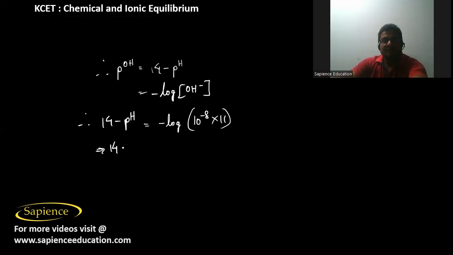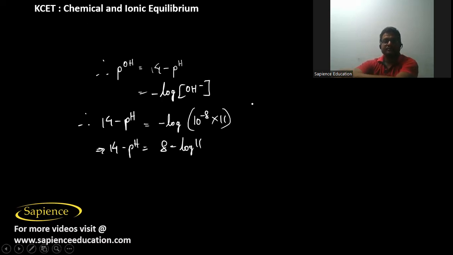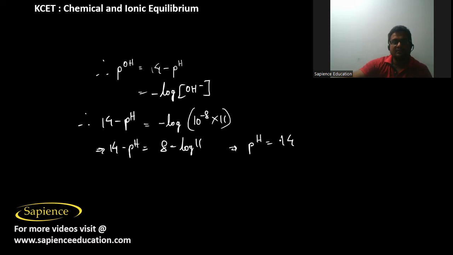So 14 minus pH is equal to 8 minus log 11. Now log 11 I can take approximately as 1, though it is slightly more than 1. So the value of pH is equal to 14 minus 8 plus log of 11, that is 6 plus log 11.